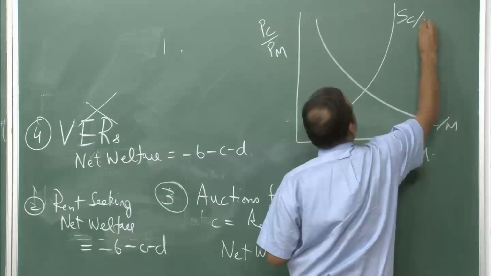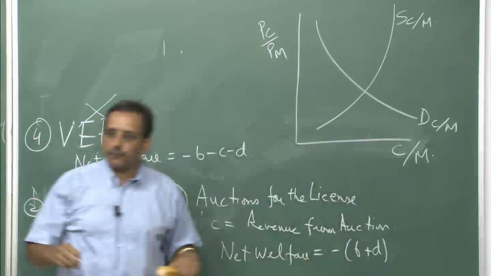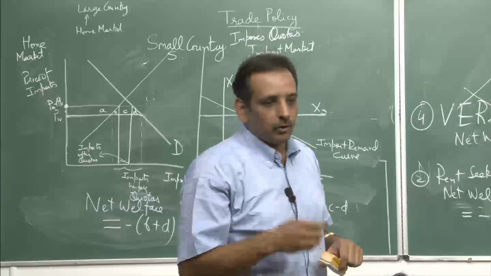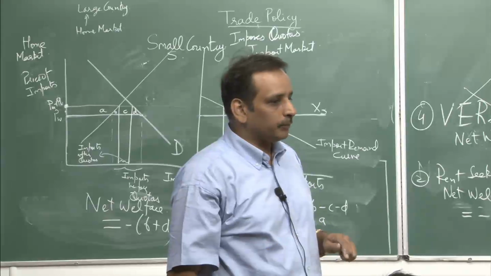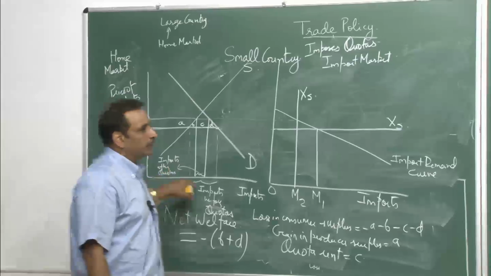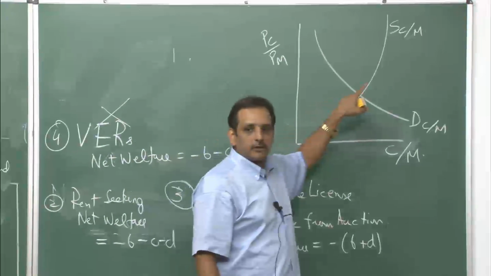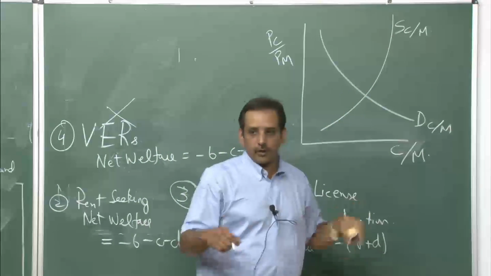Now let us see a case where export subsidies are given by the home country. When export subsidies are given, it raises the price of the export good. Now this is what you have to understand.